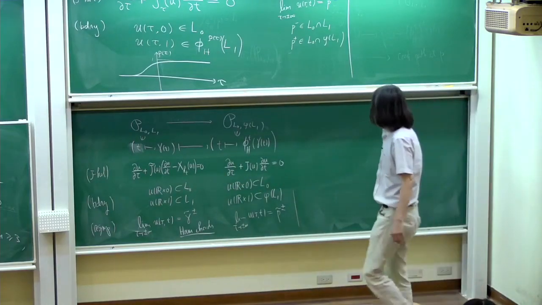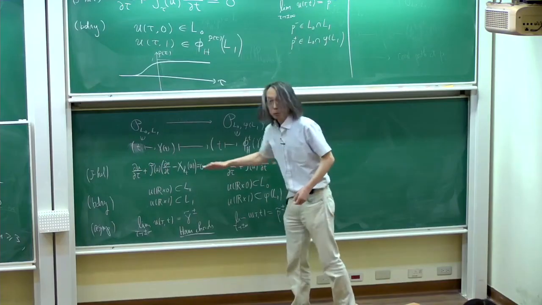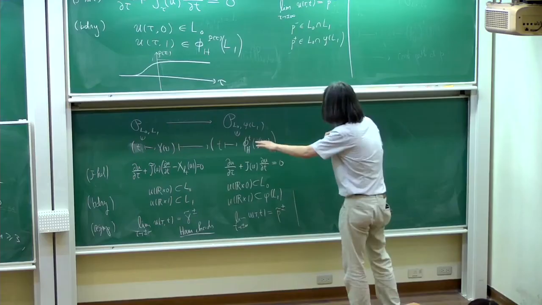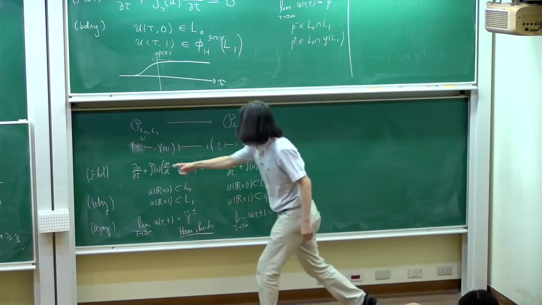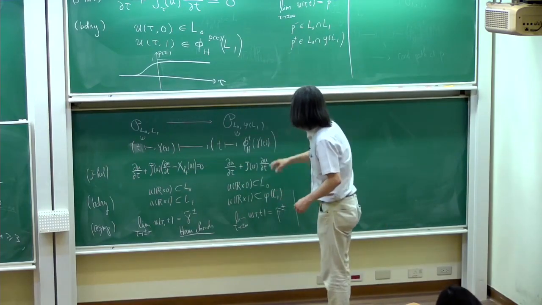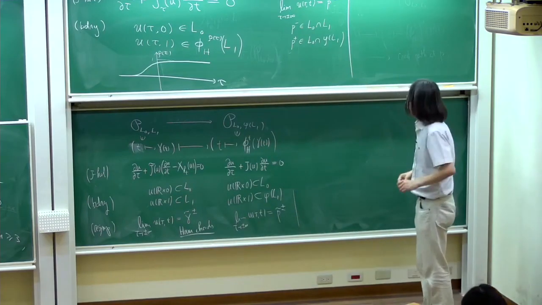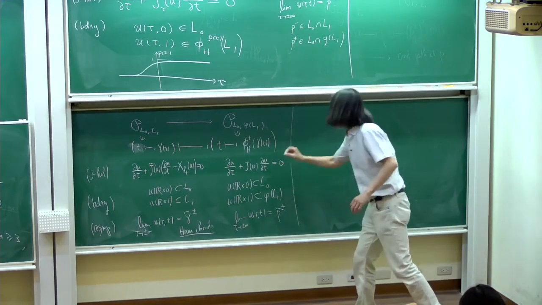So therefore, this is a one-to-one correspondence. Like if you just have this solution here, then applying this, and writing down the equation, you get this. Okay, so this is the case.